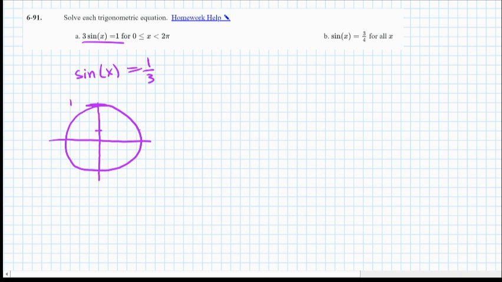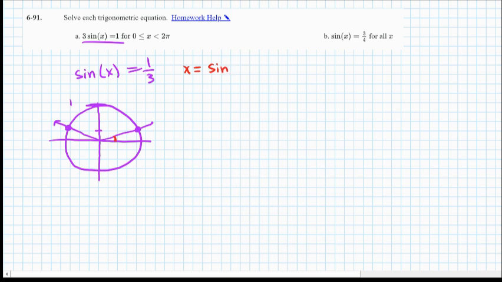And that really should give us two different points, because there are two spots on the unit circle where our y value is 1/3. This spot right here and this spot right here. So for this first little mini angle, I'm going to find that by using the inverse of sine. I'm going to continue doing my algebraic method here by taking the inverse sine of both sides.